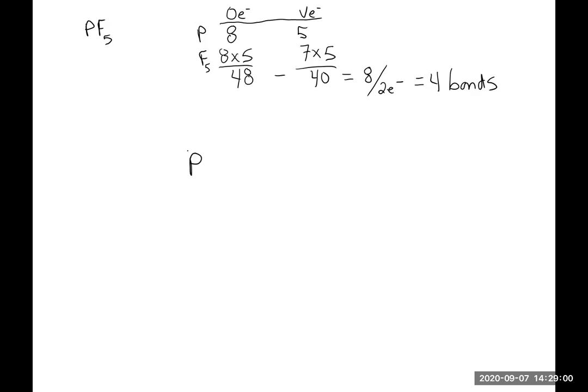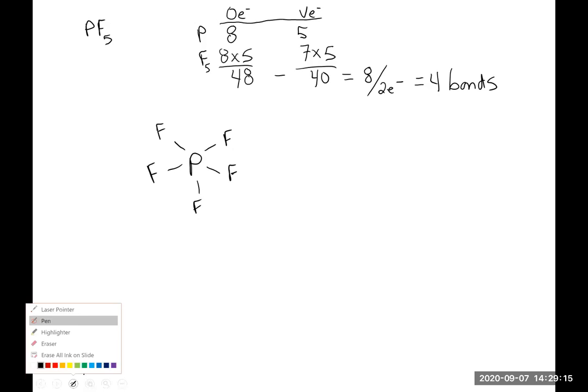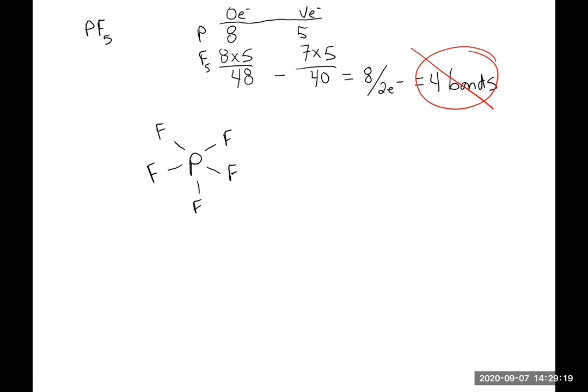So we set the structure up. Phosphorus is the central atom. We have 1, 2, 3, 4, 5 fluorines. And what we're beginning to see already is that the math has broken down, meaning that we're either expanded or deficient.